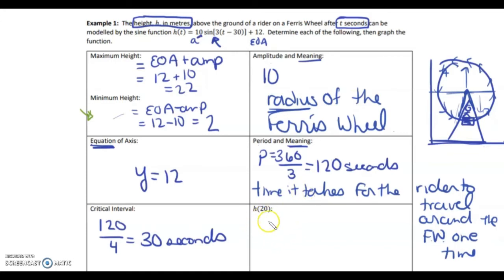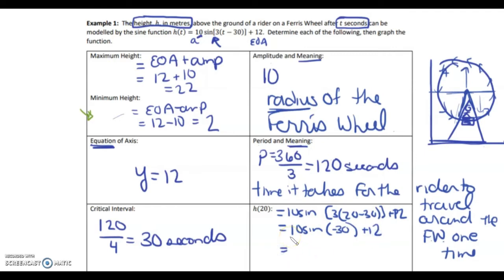Okay, H at 20, this is just a straight substitution. 10 sine 3, 20 minus 30, plus 12. So if you were to do 20 minus 30, we get negative 10 times 3, I get negative 30, plus 12.